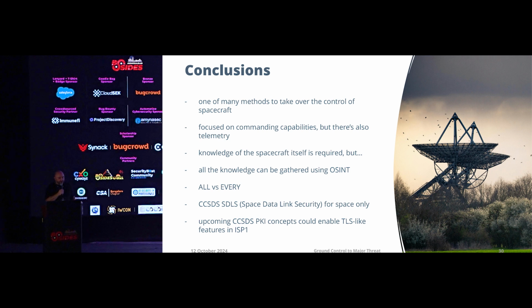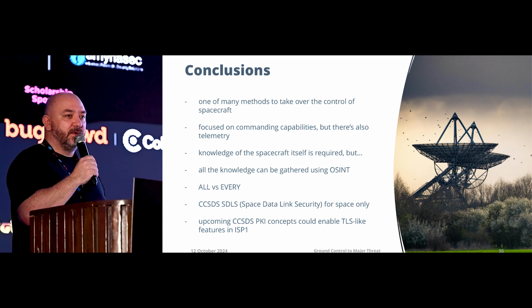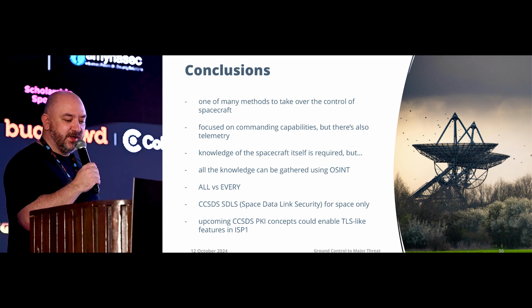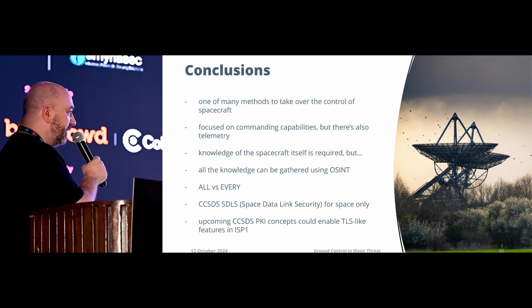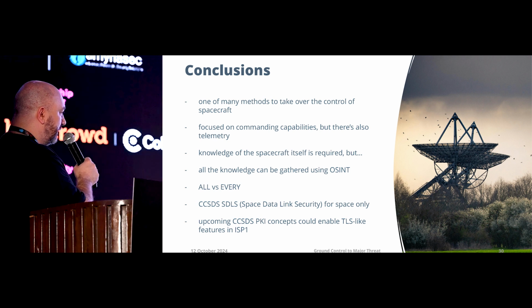However, they came up with this. That said, the link between the mission control system and the ground station is still insecure, because there is this assumption that it is internal in the network and no one has access to it, which obviously, as we know, is a false assumption.